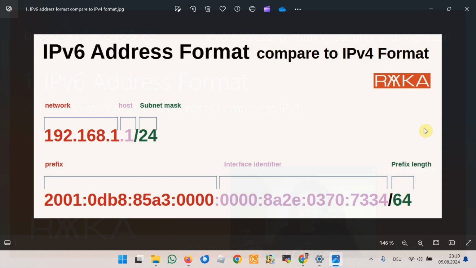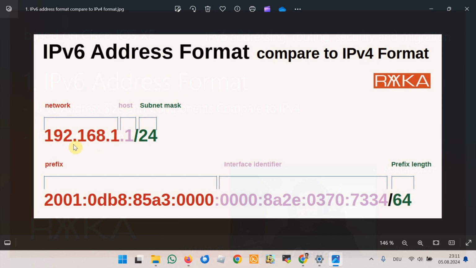As you know, IP version 4 addresses are 32 bits and offer a limited number of addresses. To resolve this limitation, IP version 6 was introduced with a 128-bit format, vastly expanding the number of available addresses. In IP version 4, addresses are presented as 4 decimal numbers ranging from 0 to 255, separated by dots.